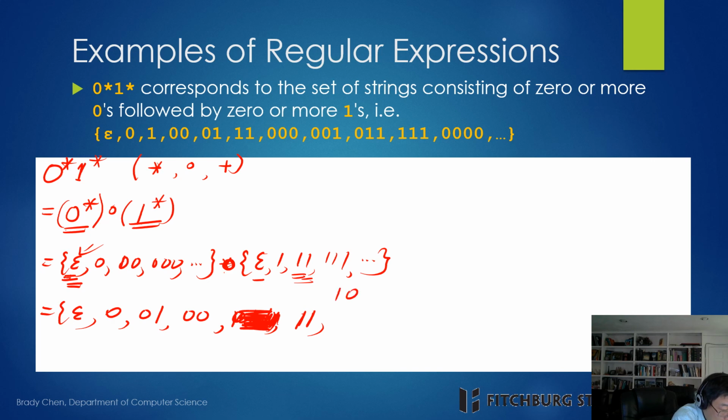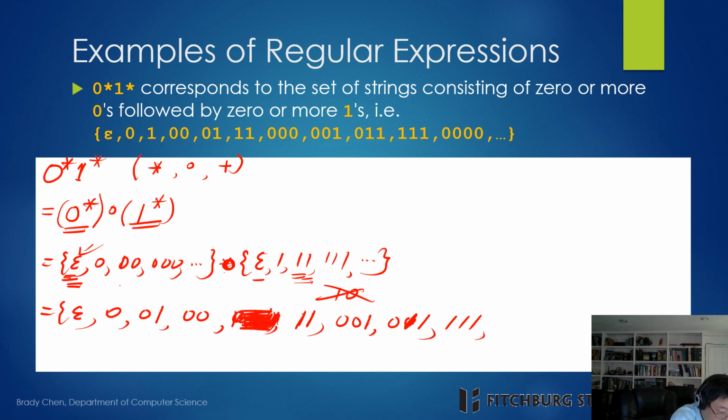Now what about 10? 10 is not in this language, because it's a concatenation of 0 star and 1 star, so 0s are always ahead of 1s. So 10 is not. Then 001 is okay. 011 is okay. 111 is okay.